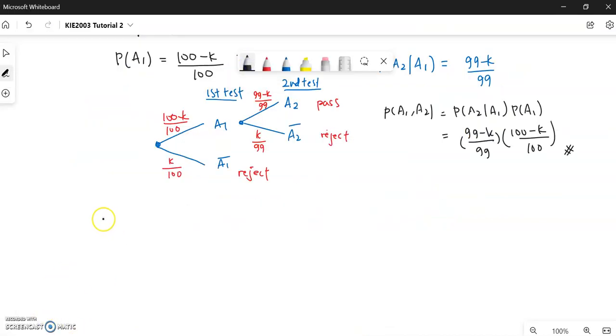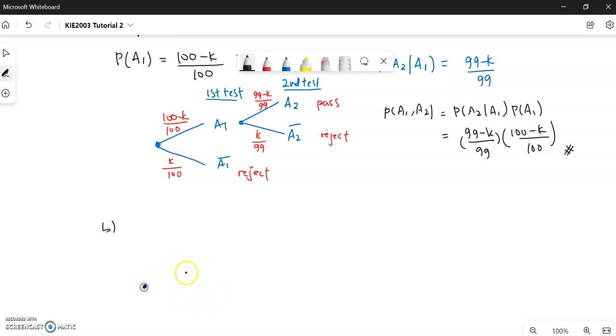So here what it's saying is that if we perform M tests, what is the probability that when you reach the M-th test, all of them have passed, is less than 1%. So we can draw this in a tree diagram as well.